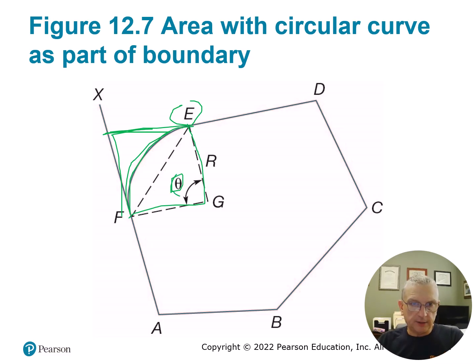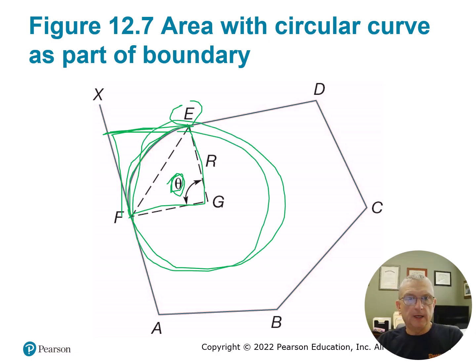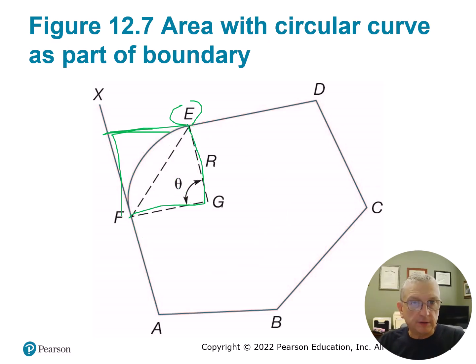This angle theta here, you would divide that by 360, and that is the portion of a circle that you've got. Pi r squared is the area of the circle, so you can determine the area of the whole circle, and then take the portion of that circle that we want to know, which is this, and there you'll have it.